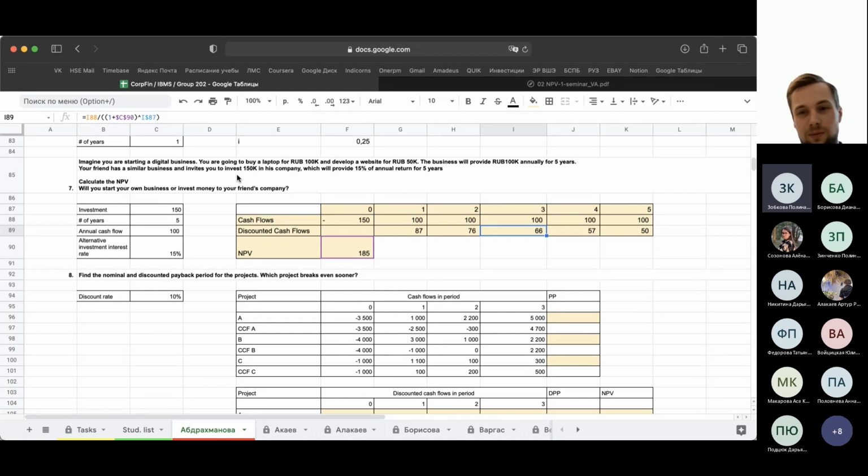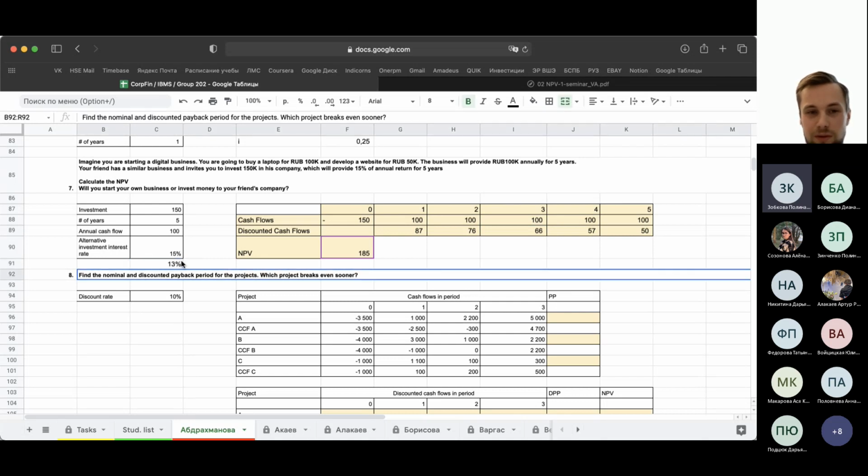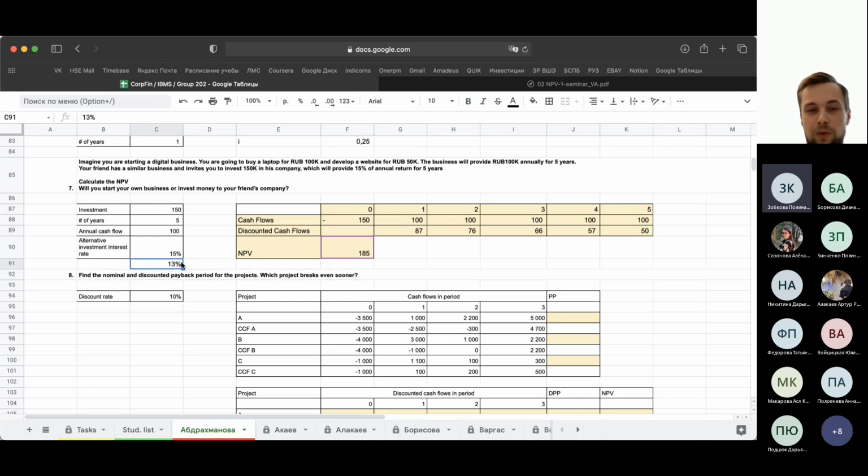Yes, so we'll make the vice versa operation. And if our project gives us, for example, 13% a year, we will still choose the project of our friend.